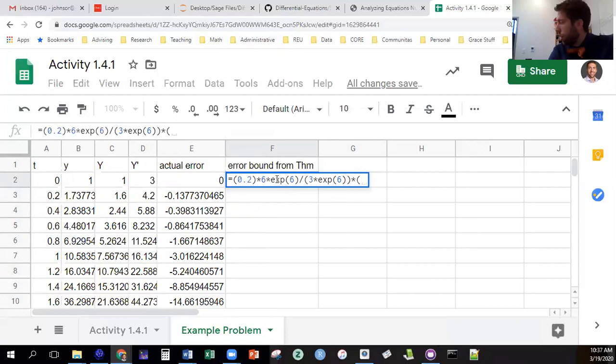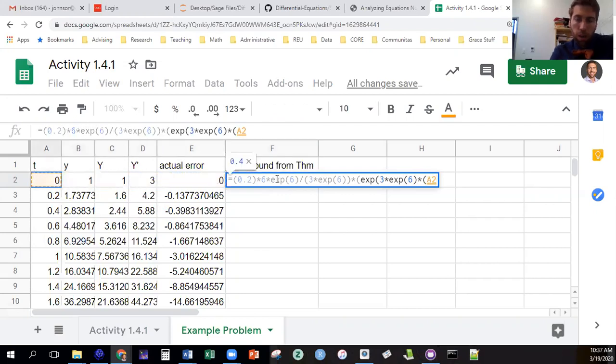Times parenthesis exponential of L, which I found to be 3 times exponential of 6, times t minus the first one. So t is this number minus 0. And that finishes the exponential. And then minus 1. That finishes that parenthesis.